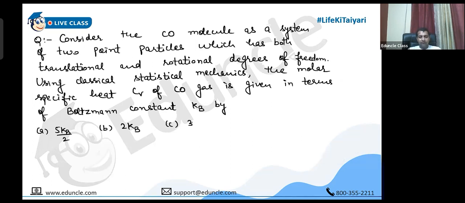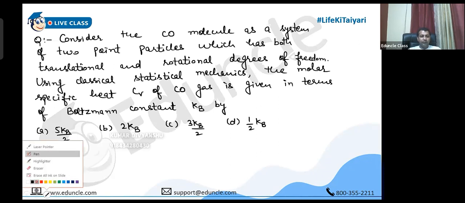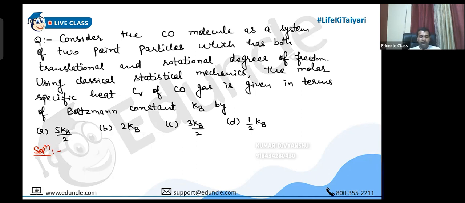Now, please try to solve this one. Only translational and rotational you have to consider. And it is a linear molecule, now obviously diatomic. So it is very much clear. Yes, Arun, very good. Yes, Siddesh. Very simple question.